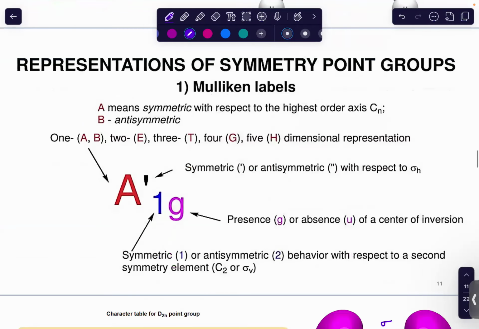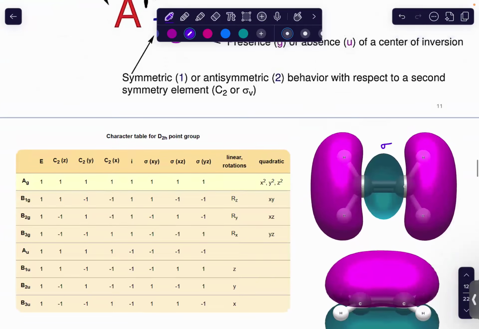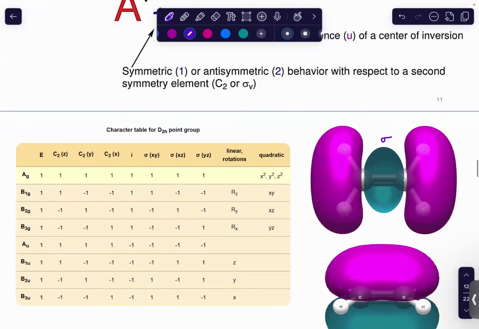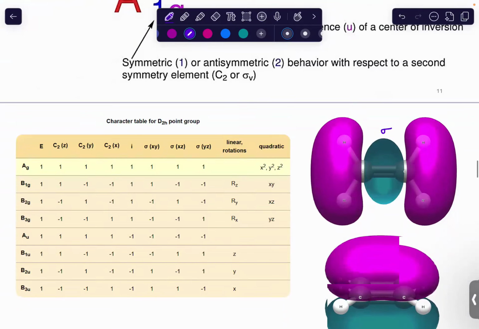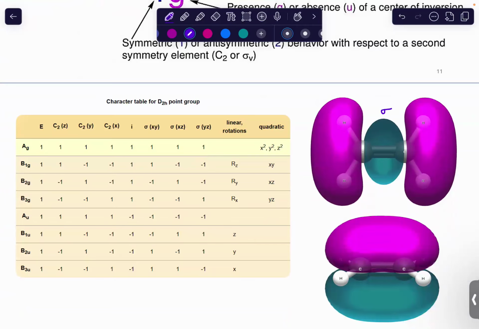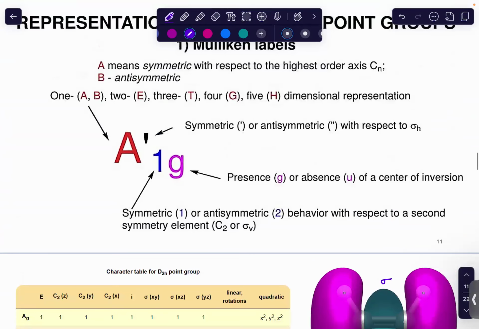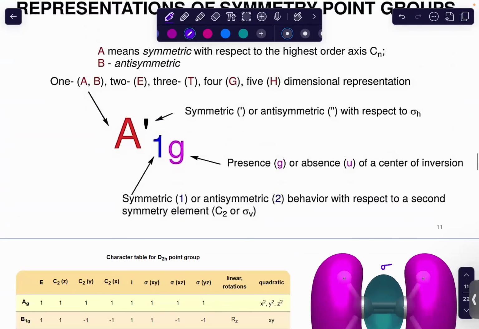Sure. Now, keeping that in mind, look at these two. Can you tell me the symmetries of these molecular orbitals? Okay. I would say that the first one is A, and you didn't want to do the primes and everything.